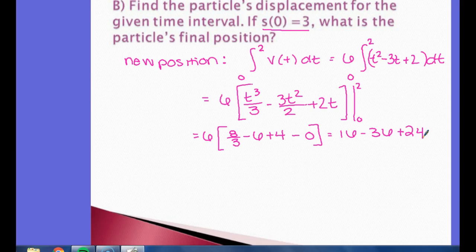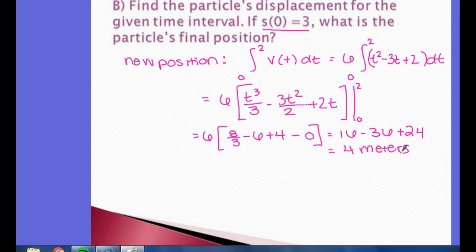So what's your displacement? So the final displacement is 4.